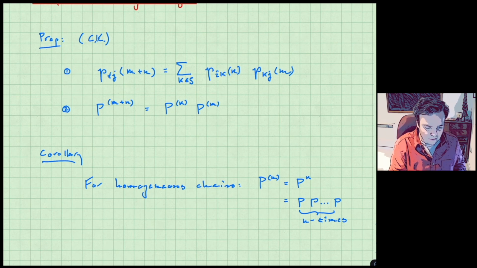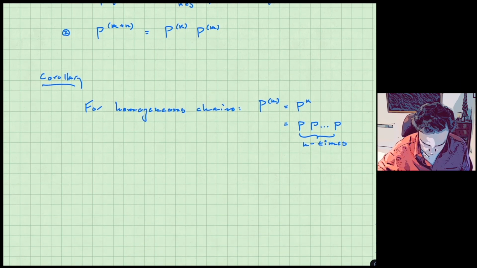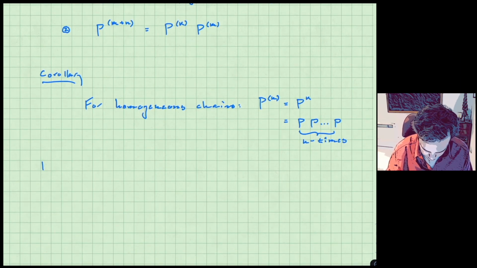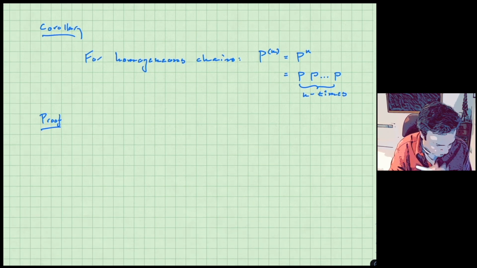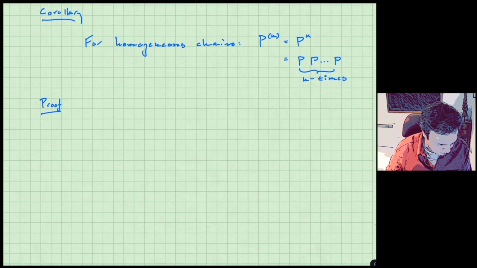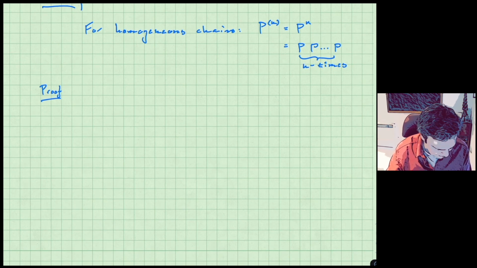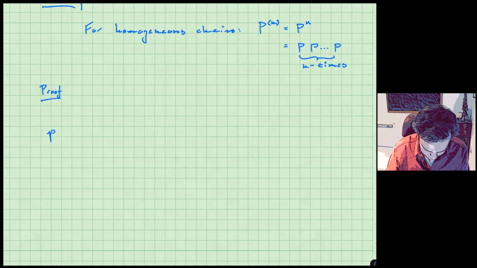All right, so we're going to go ahead and prove this now. It should be pretty straightforward. All right, proof. Okay, so the first thing we're going to do is write out the left-hand side in a sort of funny way, often the beginning point for a proof.